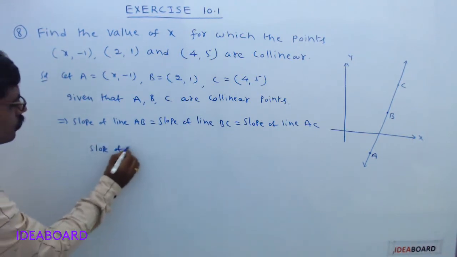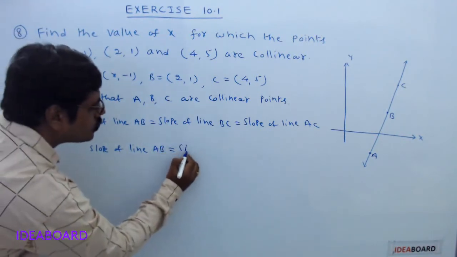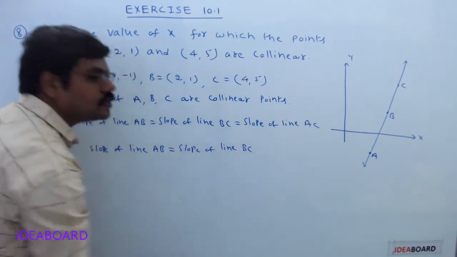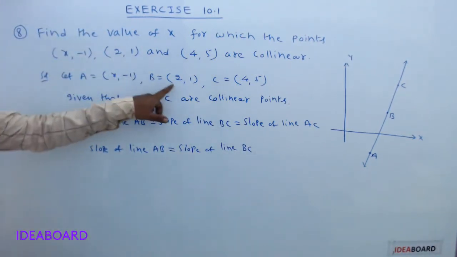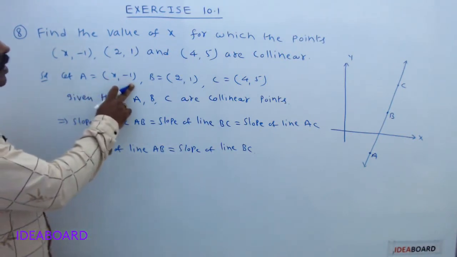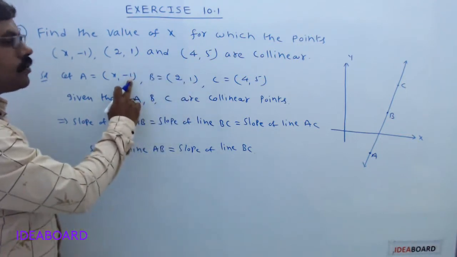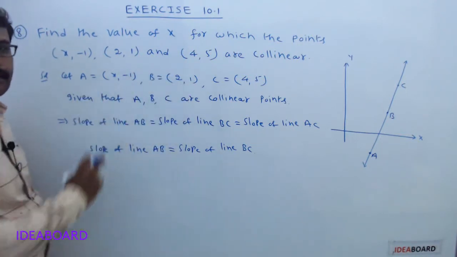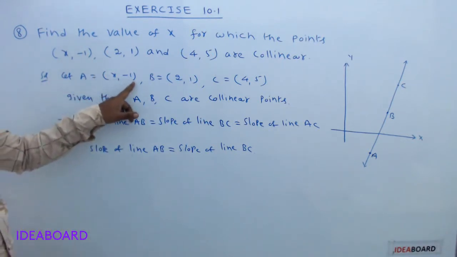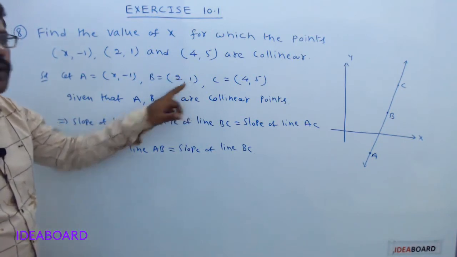So slope of line AB equals slope of line BC. Now take the points A and B. Slope of a line passing through the points (x1, y1) and (x2, y2) is y2 minus y1 divided by x2 minus x1. Now consider this A point as (x1, y1) and consider this point's coordinates as (x2, y2).